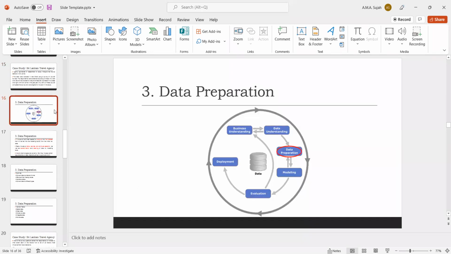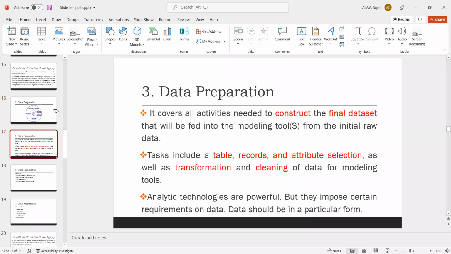Okay, now we will move to the data preparation. Data preparation means we don't directly apply the data mining algorithms to the data we collected. Before we apply the data mining techniques, we do some data pre-processing work. After the data pre-processing work, we get the final data set.